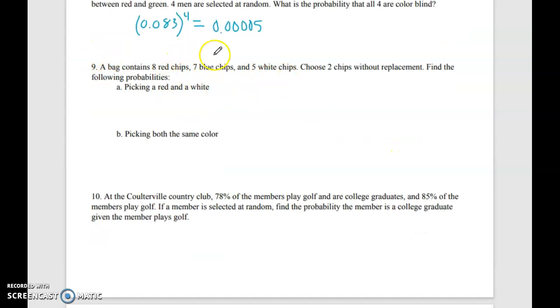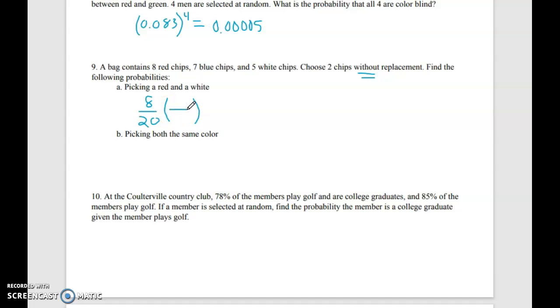Number 9, back to chips here. A bag contains chips. Choose 2 chips without replacement. So that's important. Without replacement means they're dependent events. So what's the probability I pick a red and then a white? Well, the probability I pick a red when all the chips are in there is 8 out of 20. And that tells me to multiply.